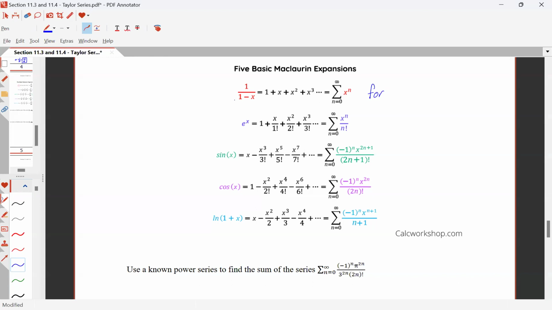certain intervals. So we know 1 over 1 minus x equals the series n equals 0 to infinity x to the n for the absolute value of x being less than 1. e to the x equals the series n equals 0 to infinity x to the n over n factorial for all x. Sine and cosine are also for all x.